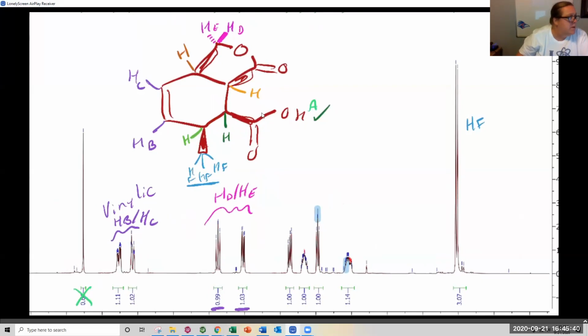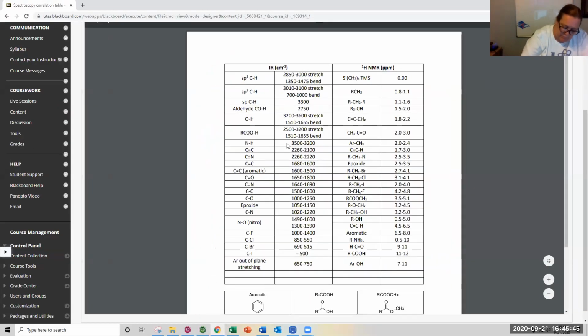All right, so again, going back to my correlation table. Okay, what kind of proton is this? What kind of proton is the orange proton? It falls under this range here. It's allylic. Okay, and according to my correlation table, it could be 1.8 to 2.2.